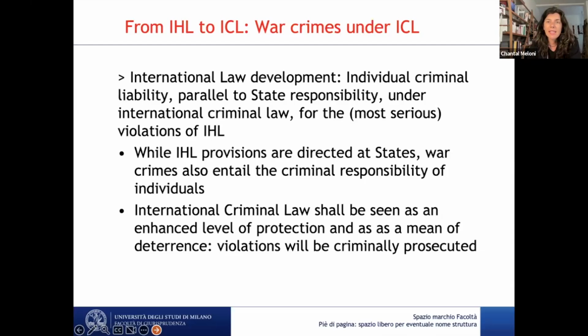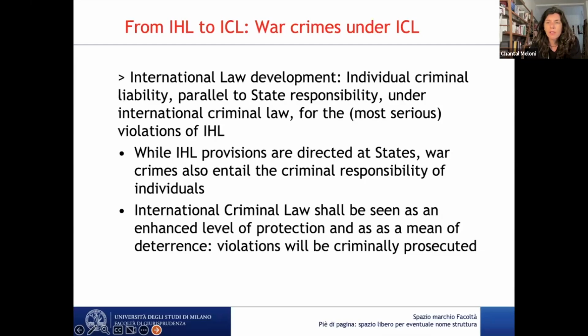So we should see international criminal law as an enhanced, a stronger level of protection, and also as an enhanced means of deterrence.